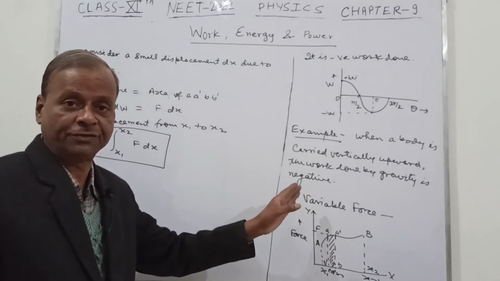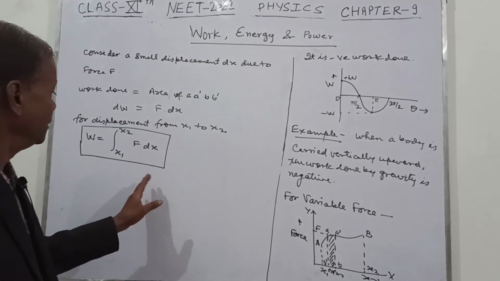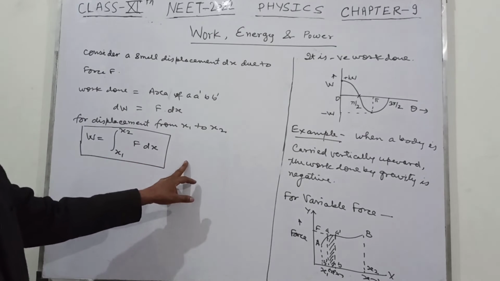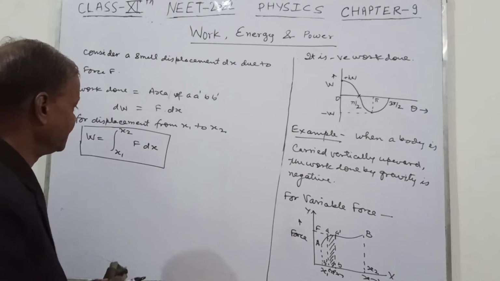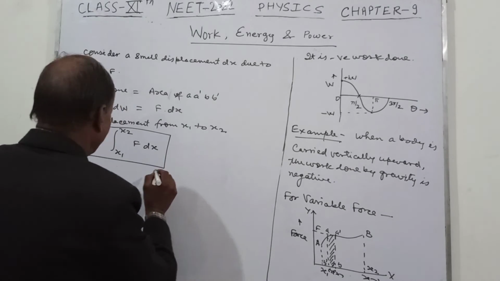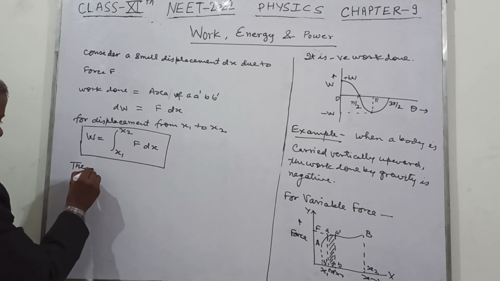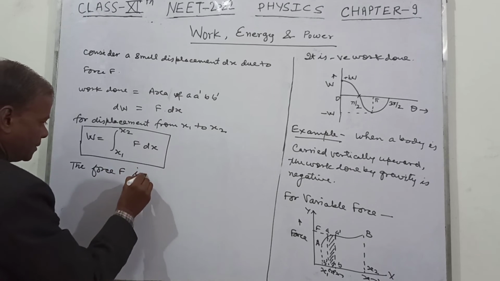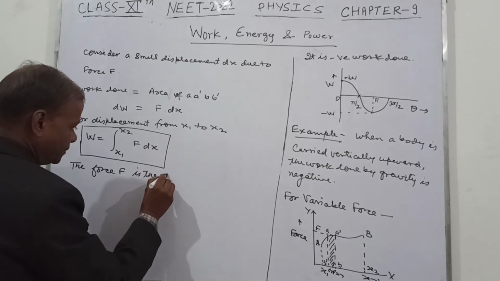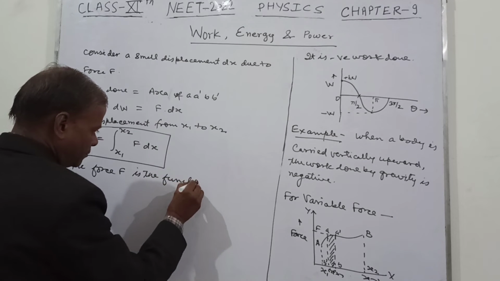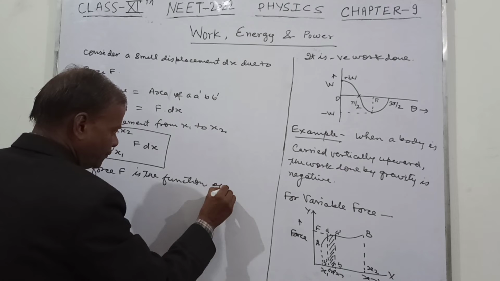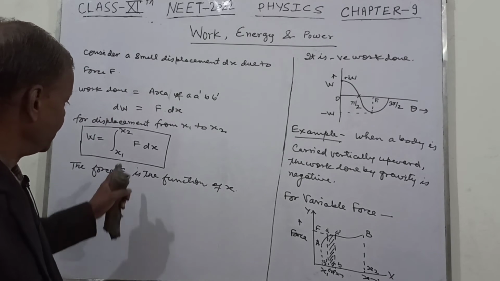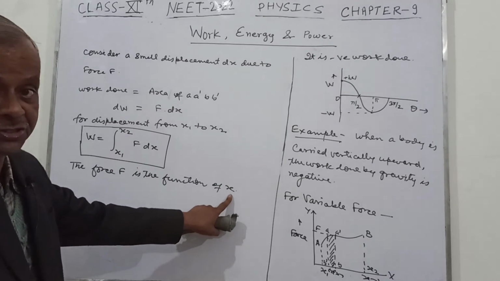You just take the product, and that will give you the work done. If we are having a variable force, then the force F is a function of x, so F will vary according to x.